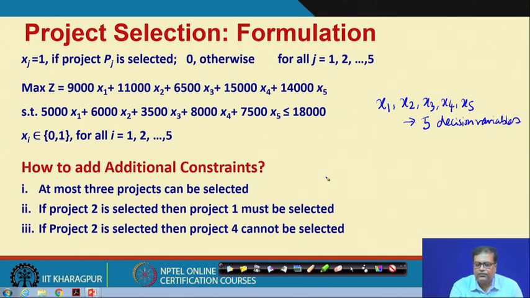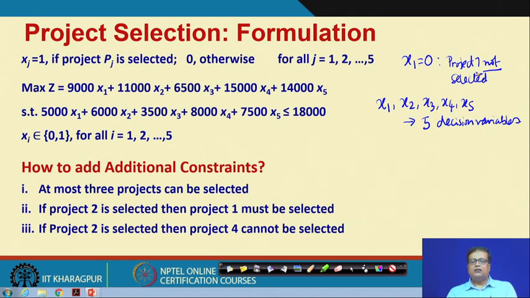If x1 equal to 0, project 1 is not selected, and obviously x1 equal to 1 means project 1 is selected. If we say at most 3 projects can be selected, how do you put that?